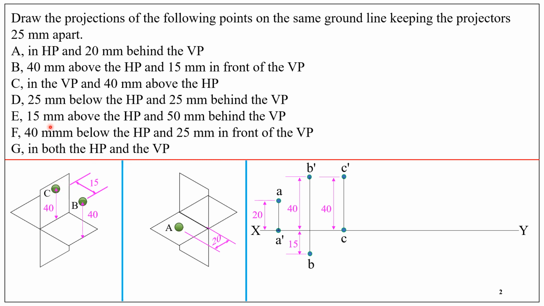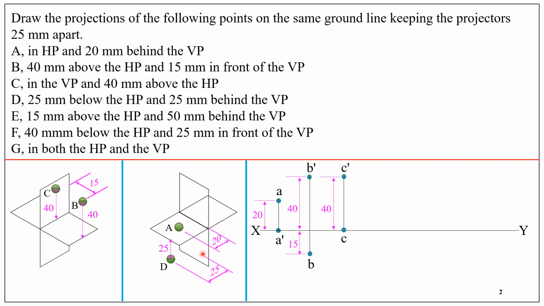Now division 3, the point is D, which is 25 mm below HP and 25 mm behind the VP. Below HP and behind VP, the object is in the third quadrant. The distances 25 mm below and behind are shown.